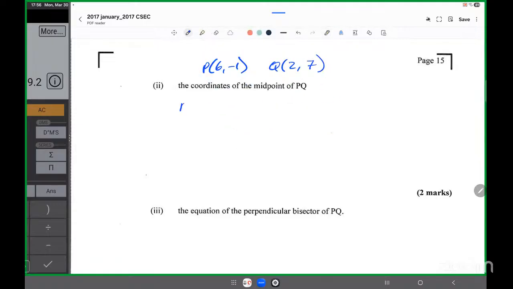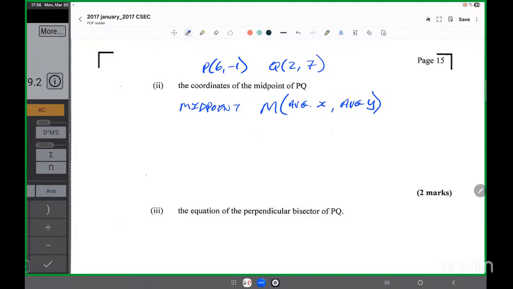So the midpoint, let's call it capital M. Remember, the average of the X values and average of the Y values, like an average point. Simple as that. So add the X values divided by 2, add the Y values divided by 2. Finding the values in the middle.